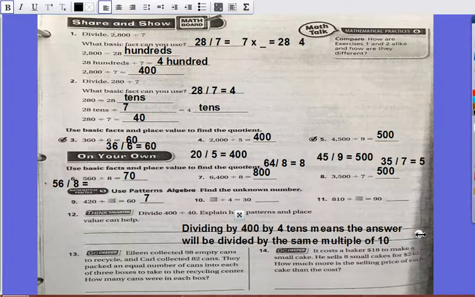That's kind of what I did in an explanation. So the answer to this one would be 10. So 400 divided by 40 equals 10.